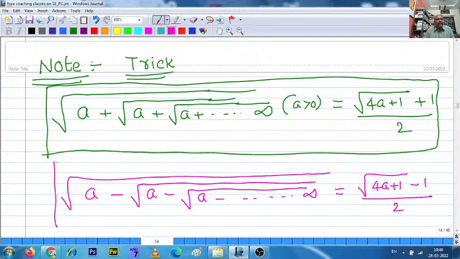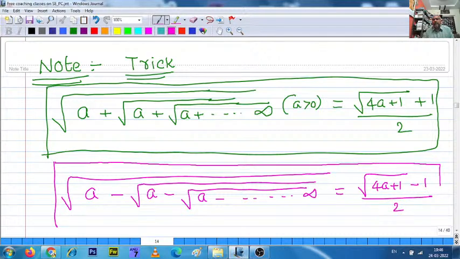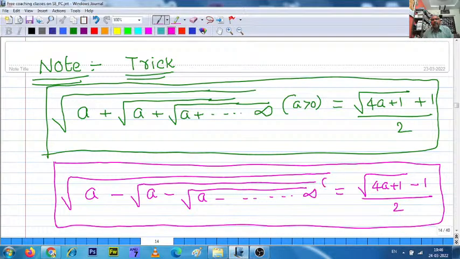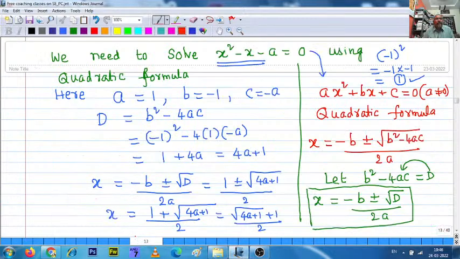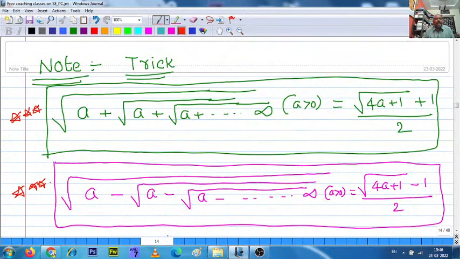Clear? So remember these two formulae. Here also a is greater than 0, a is positive. These are very, very important formulae. I hope it's very clear to you now. Clear? Right?